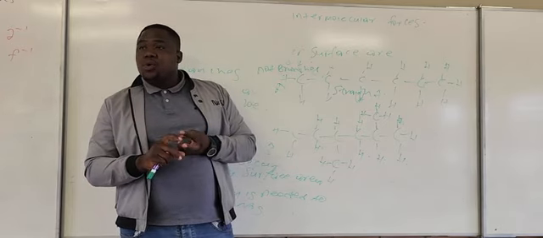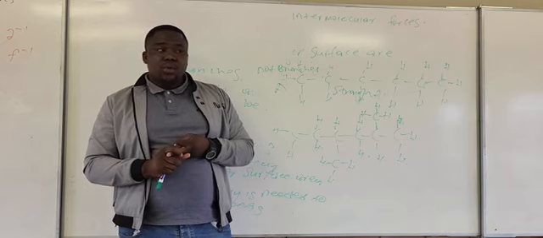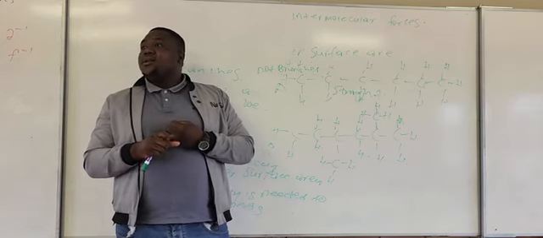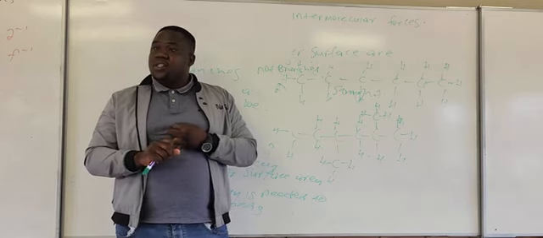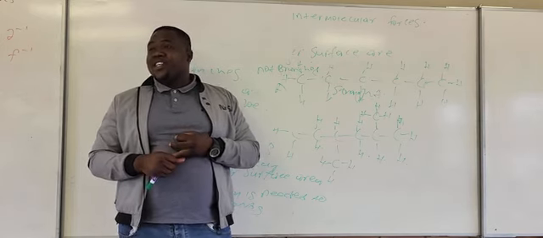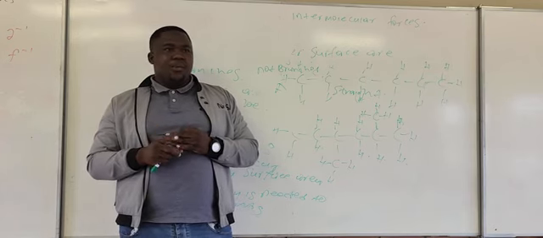Then a branched molecule and an unbranched molecule, right? The branched molecule is going to have a lower boiling point because it will become compact. The word compact, you must not forget it. I've showed you what it is to be compact.